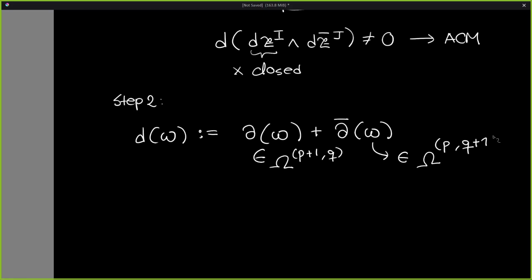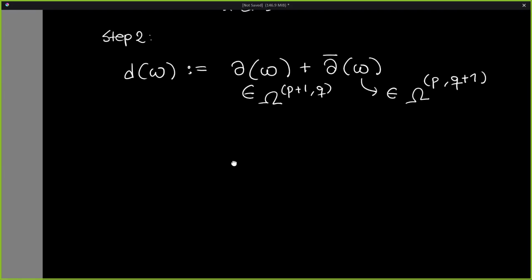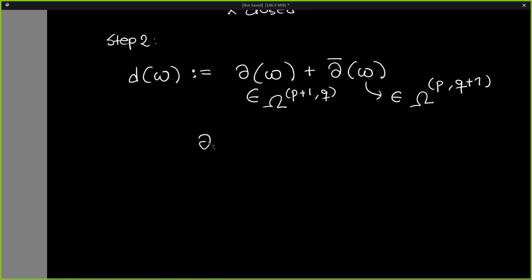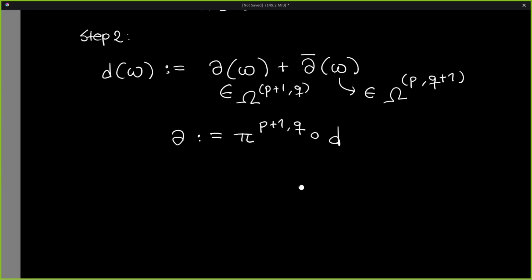There, got that one first try. Where partial is defined to be a projection operator, pi P plus 1 Q after D. So we project the D operator down to the P plus 1 Q space.